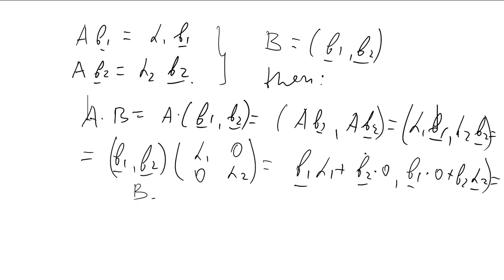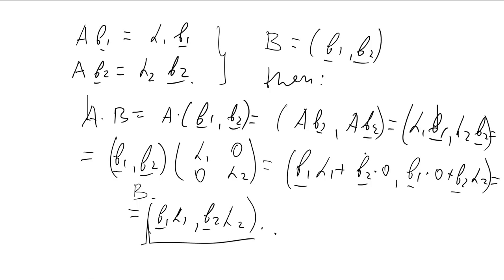So the first column will be b1 lambda 1, and the second column will be b2 lambda 2. So what we have proven is that A times B equals B times this diagonal matrix, lambda 1, 0, 0, lambda 2.